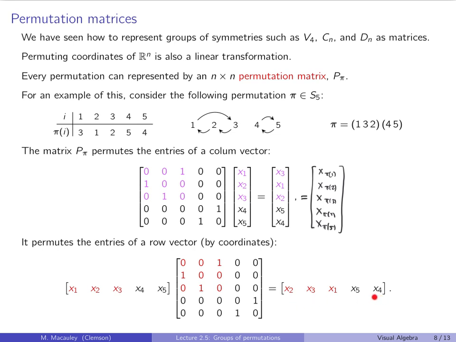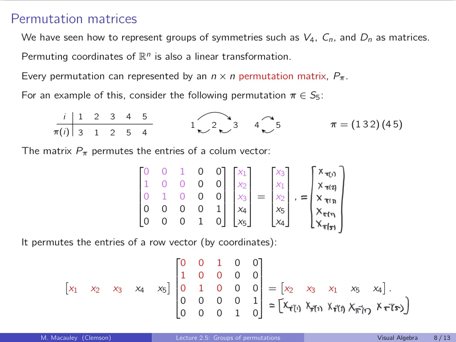So what's going on here? Well, let me write it out and then we'll see why it is. So this, I claim, is x of pi inverse 1, x of pi inverse 2, x of pi inverse 3, x of pi inverse 4, and x of pi inverse 5.